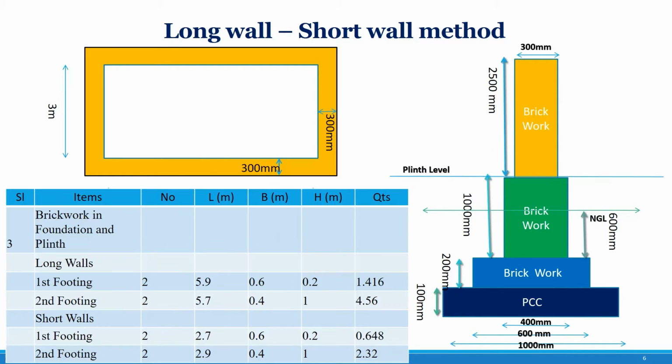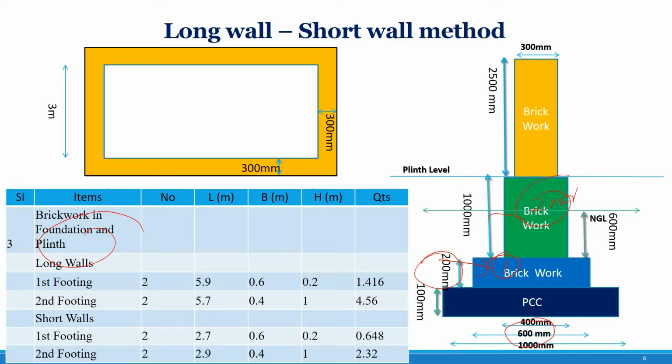Again, the other quantity we want is brickwork in foundation and plinth. So you have two brickworks, a first brickwork and a second brickwork. For the first brickwork, the width is 600 mm and the thickness is 200 mm.